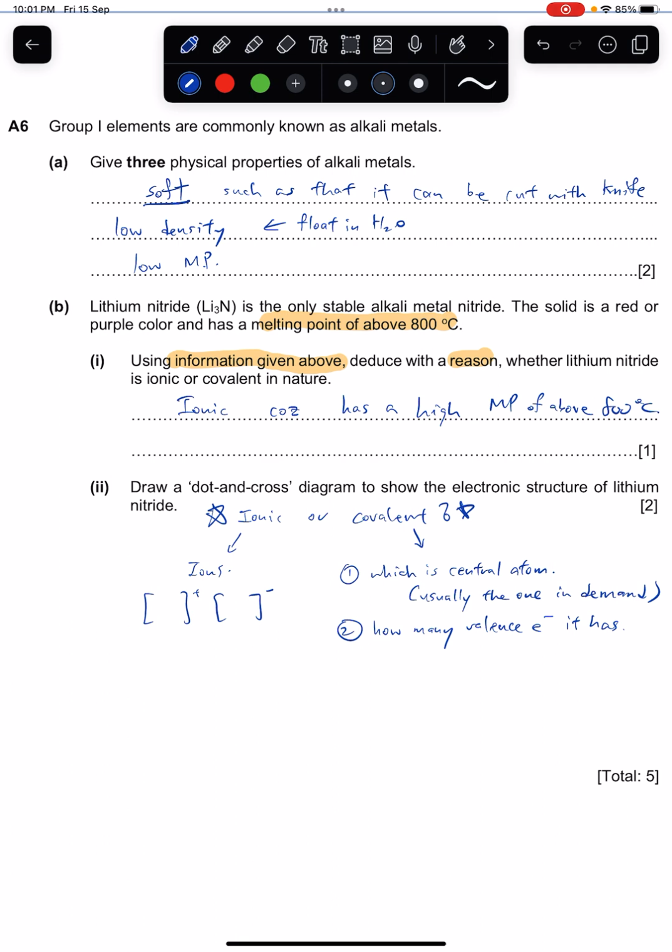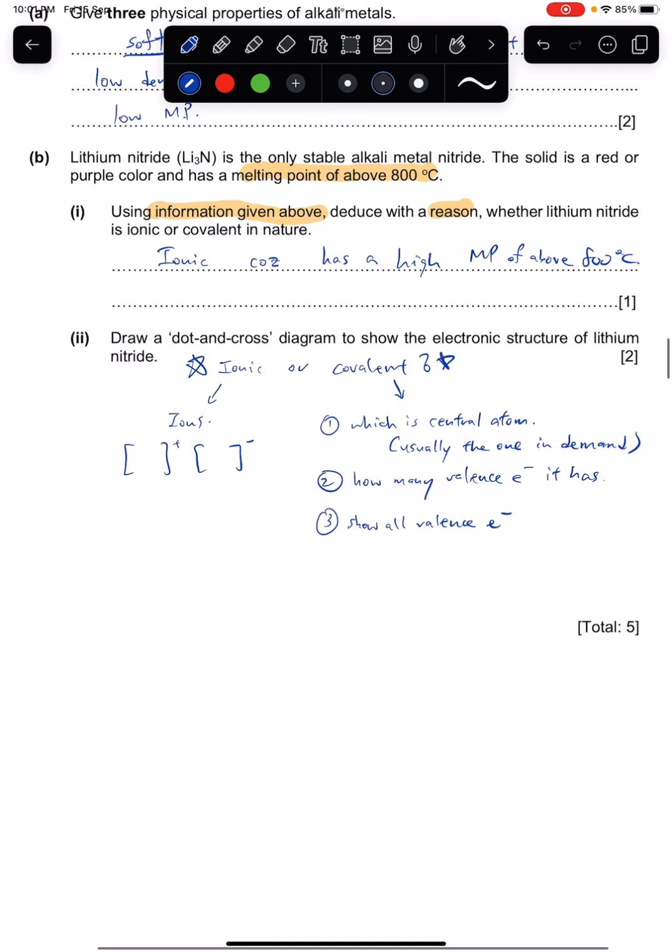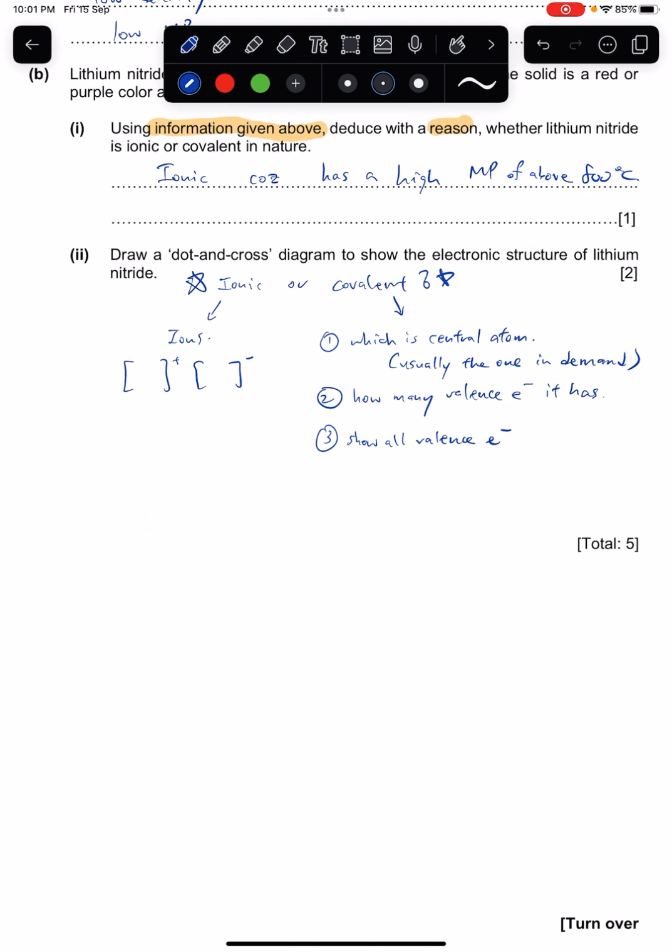Because you need to know what you have so that you know how much more you need to become a full valence electron shell. And lastly, show all valence electrons. So the third step here is actually just to combat carelessness. Don't waste the 1 mark, right? So let's take a look.